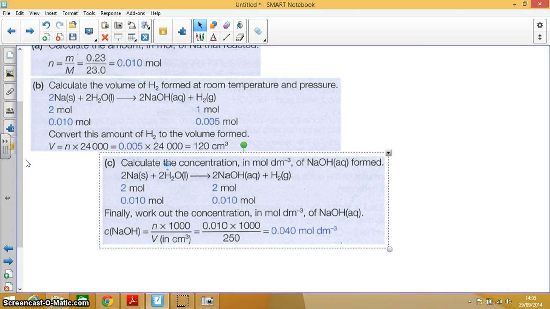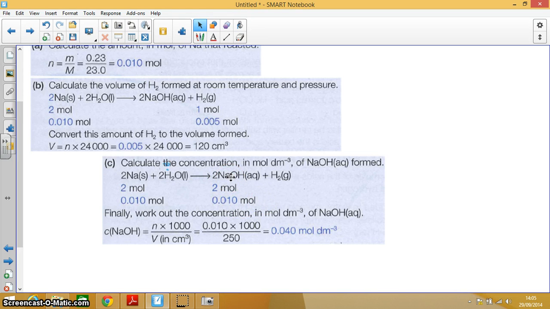So here's our equation which we've looked at above. We've said that 2 moles of this produce 2 moles of this. We've established that in this experiment we have 0.01 mole of sodium, and because it's 2 to 2, therefore we must have 0.01 mole of sodium hydroxide.